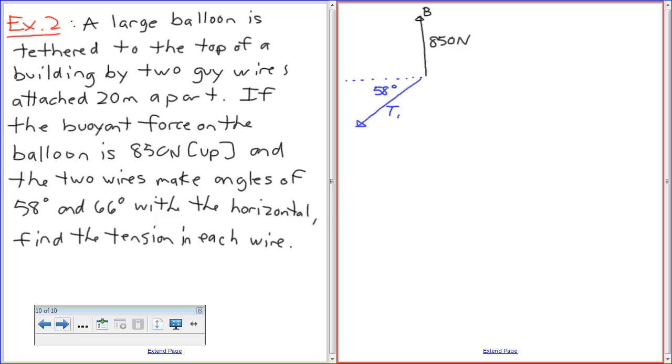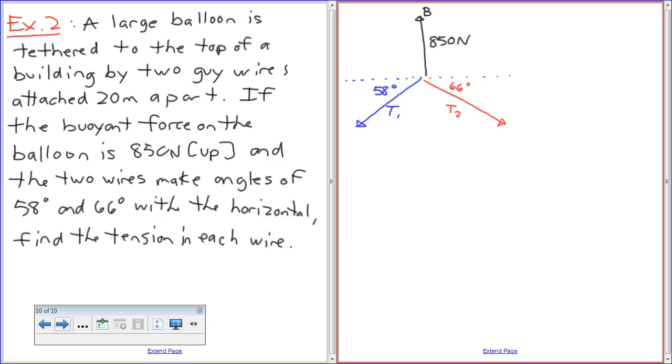All right, Derek, what's the second tension wire going to look like, please? Except for the 66 degrees. Yeah. Now we're going to make the assumption here that they're going to be on opposite sides. And that's going to be T2.